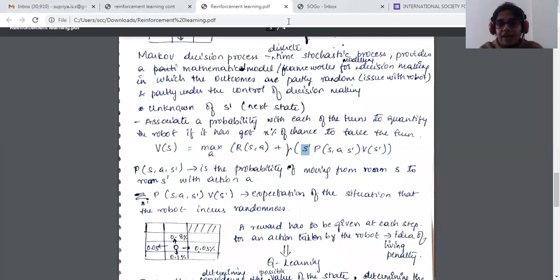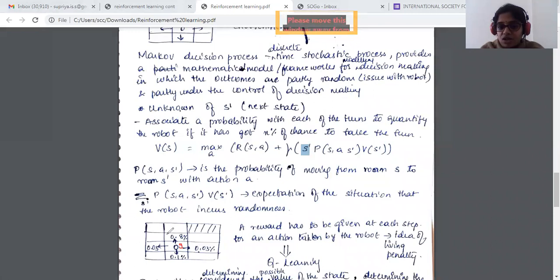So if I annotate it over here, this is S. Okay. So this will be S dash: S1, S2, S3, and S4. Okay. So probability of S making an action to reach S1, probability of S making an action to reach S2, probability of S making an action to reach S3, probability of S making an action to reach S4.